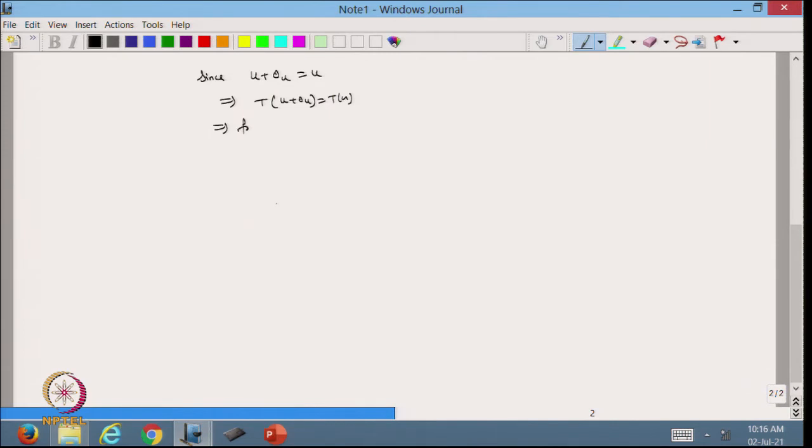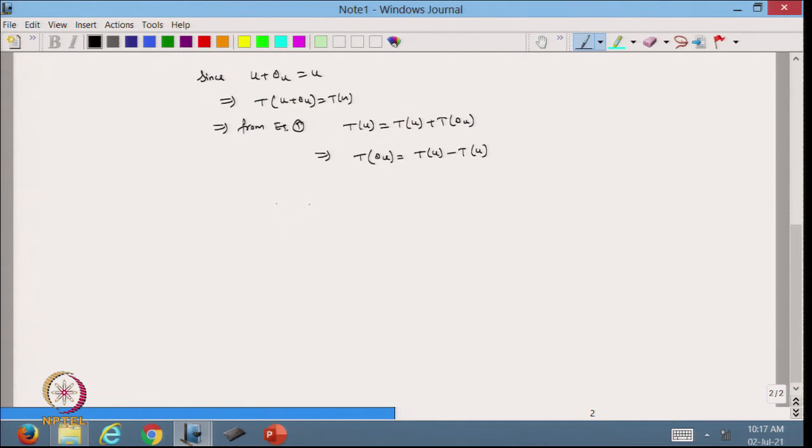From equation 1, we can write T of U on the left hand side, and the right side is T of U plus T of 0 U. From here, T of 0 U is equal to T of U minus T of U.